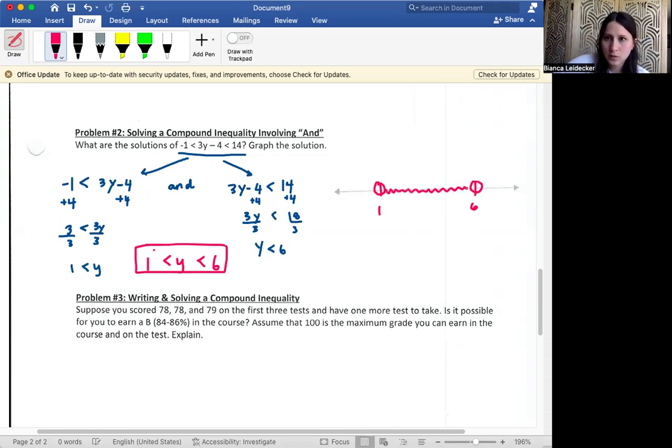So the value for y can be anything between 1 and 6, meaning if you pick a number like 2 or 4 or 5 or anything in between, or 2.5, 3.5, 3.75, and you replace y with that number, you will have a true number sentence.